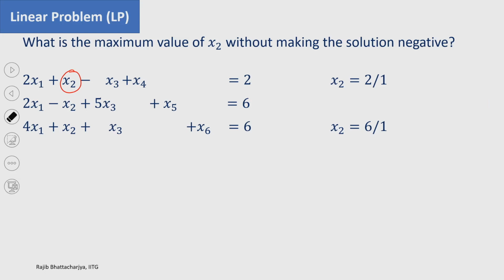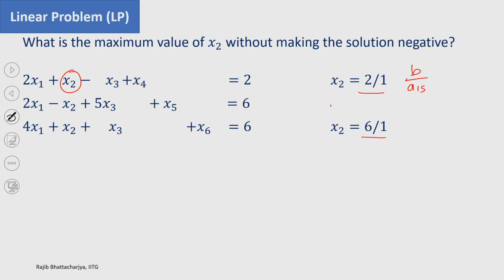So, what is the rule? We will take the ratio of b i by a i s. This is the incoming variable x 2, and the coefficient of x 2 in the first equation is 1, so b by the coefficient of x 2 is 2 by 1 in this case, and here it is 6 by 1.